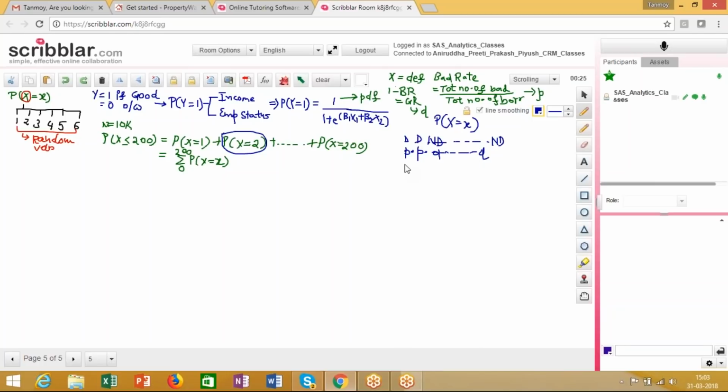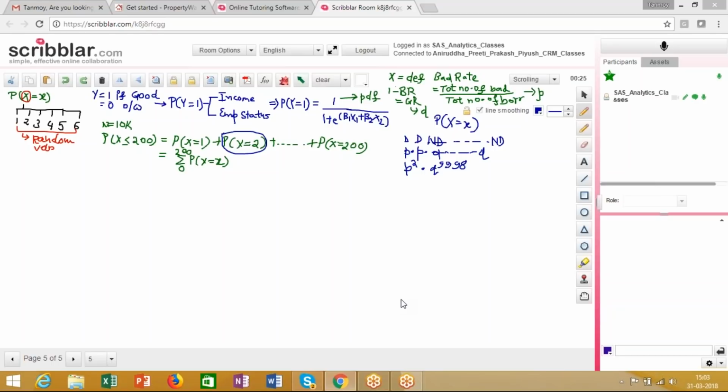That means over here we get p squared into q to the power of 998. So success has occurred twice and failure has occurred the remaining 998 times.